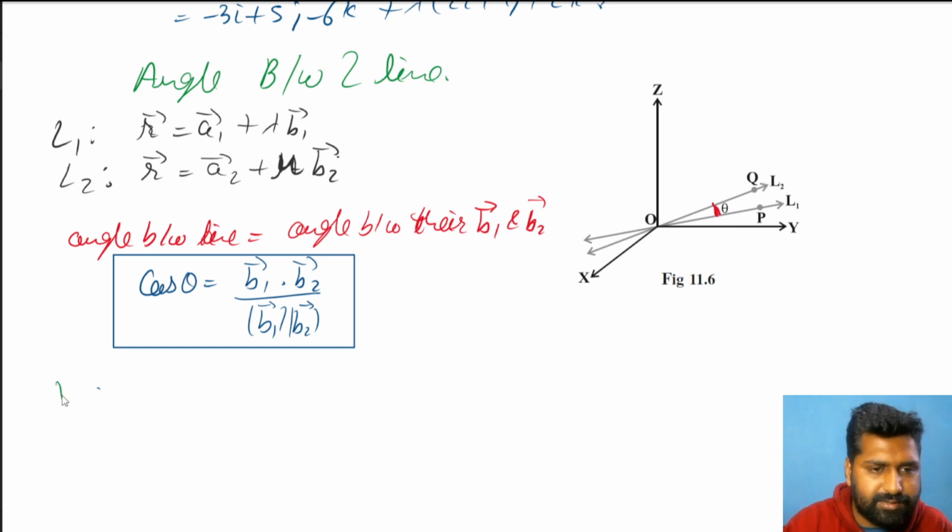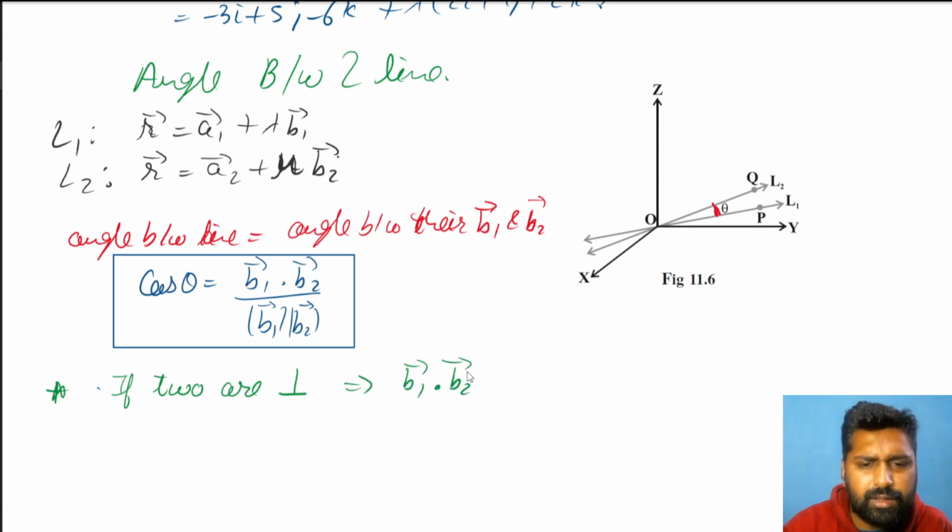Now if we are talking about the angle between two lines, special cases can arise. What are the special cases? First, if two lines are perpendicular, the dot product of their direction vectors B1 and B2 is 0. If two lines are parallel, what is the condition?